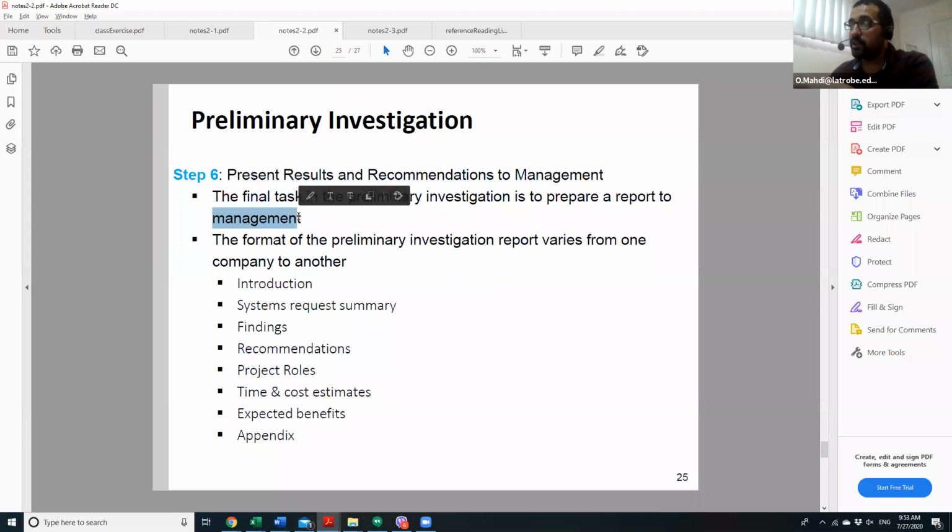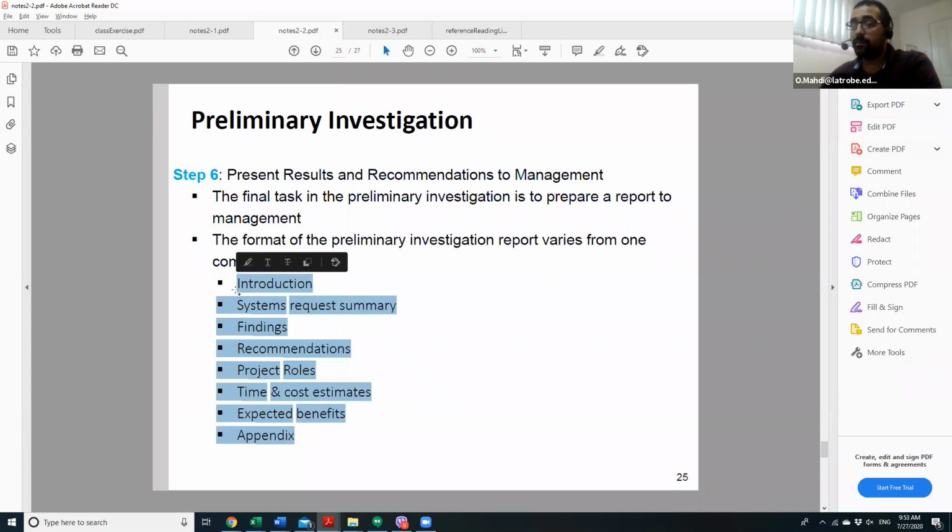After reviewing your system request, you produce a report to the management on whether your system request will proceed or not. It starts with an introduction, system request summary, findings, recommendations, project roles, time and costs, and appendix. These are the parts that will be in the report to the management.